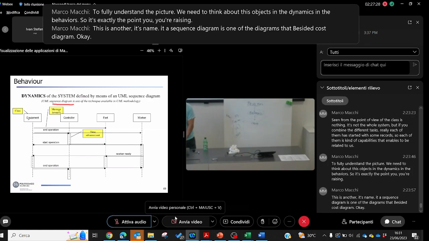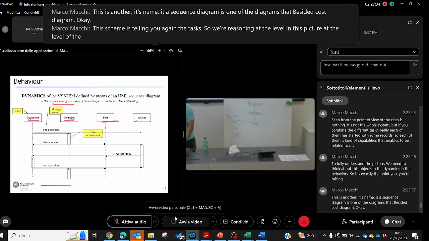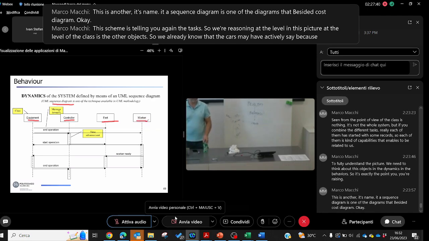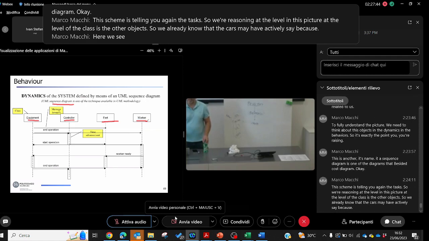This scheme is again telling you about the classes, so we're reasoning at the level of the classes of objects. We already know that a class may have attributes and methods. Here we see just the interaction over time between these classes.